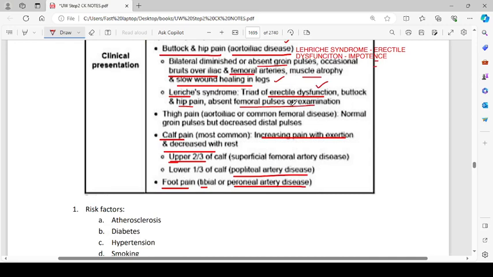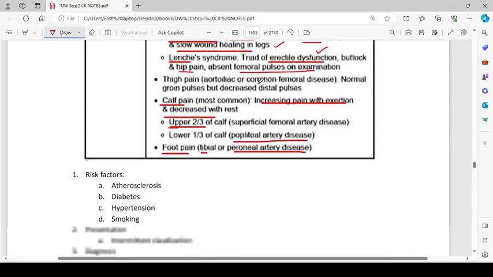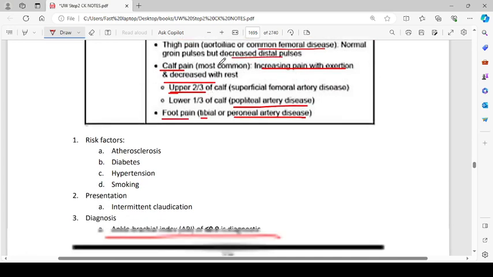Thigh pain: aortoiliac or common femoral disease, normal groin pulses but decreased distal pulses. Calf pain is most common, with increasing pain on exertion and decrease with rest. Upper two-thirds of the calf, that is superficial femoral artery disease, and lower one-third of the calf, popliteal artery disease.